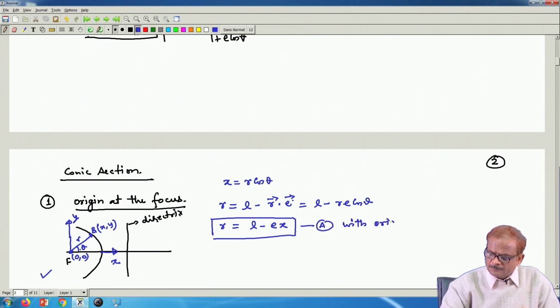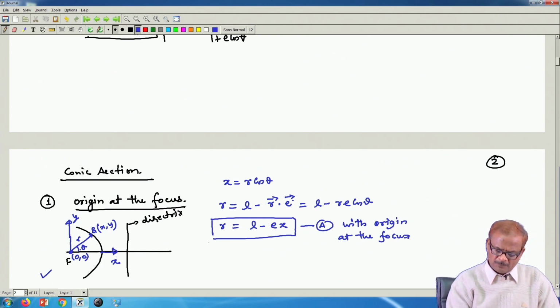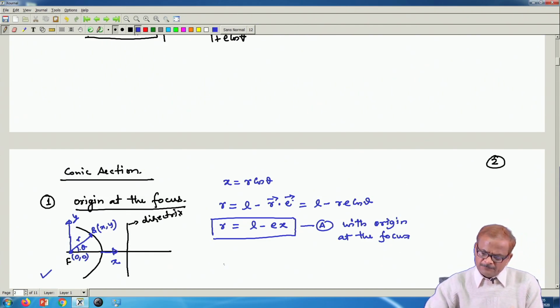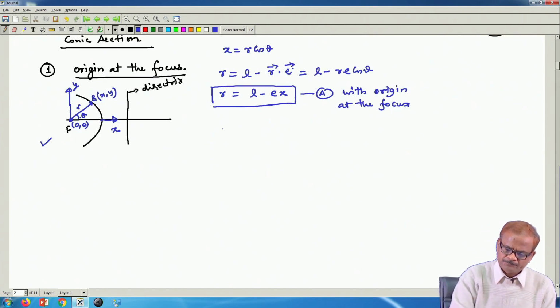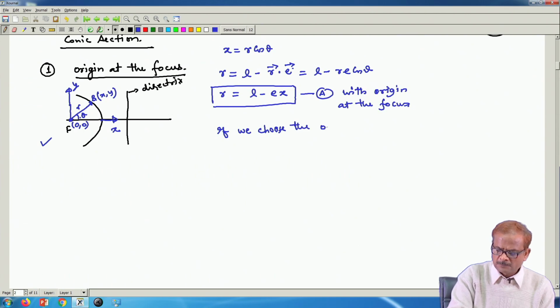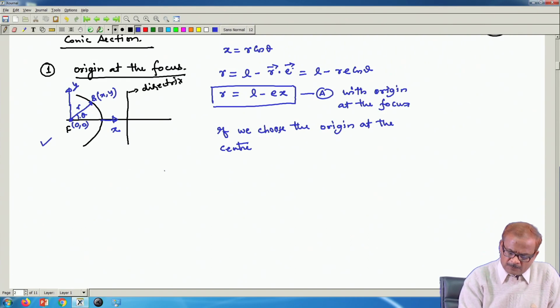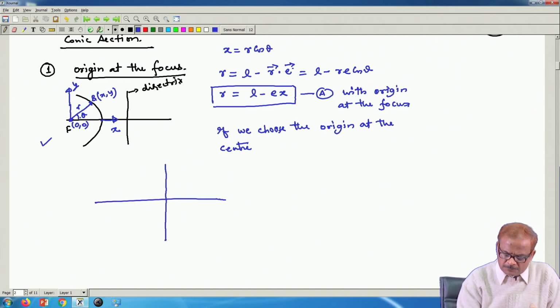With origin at the focus. Okay. Instead, if we choose the origin at the center, so we have this case.